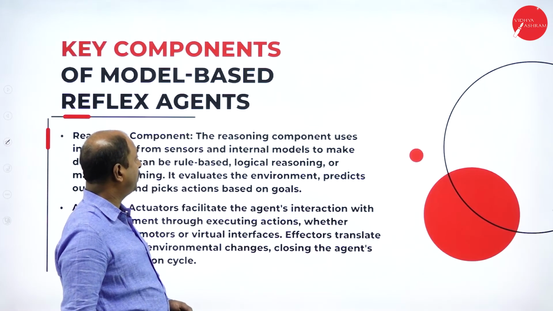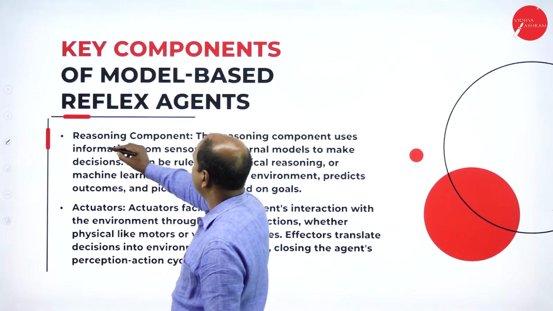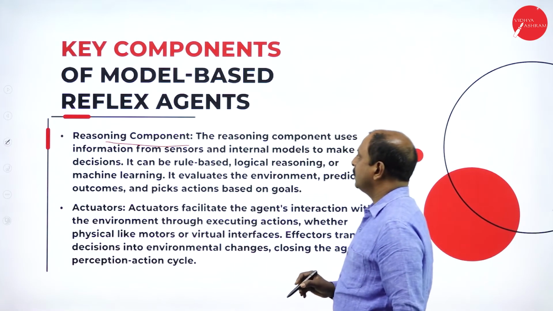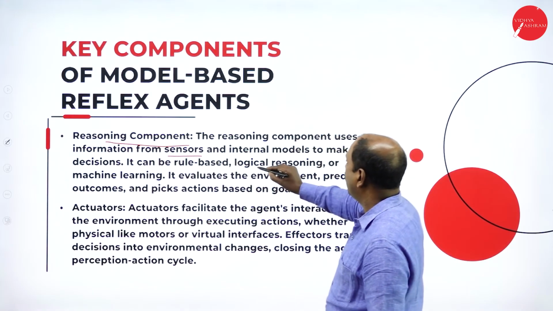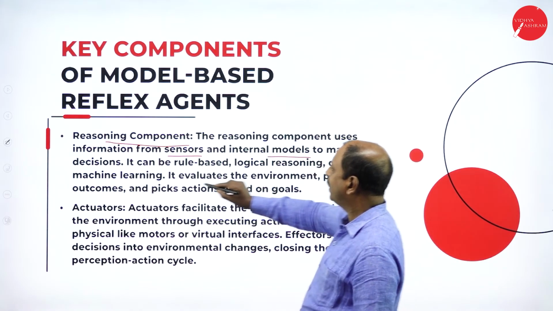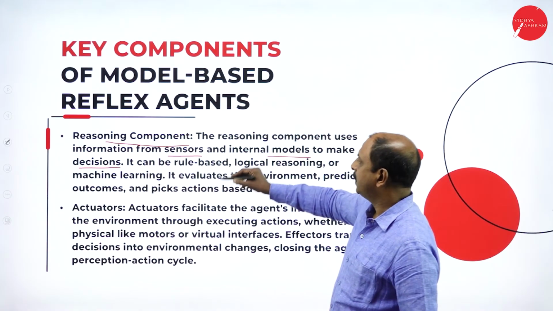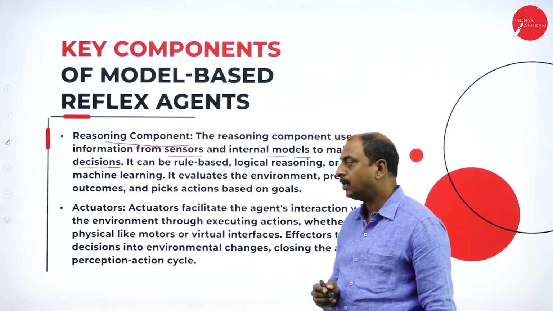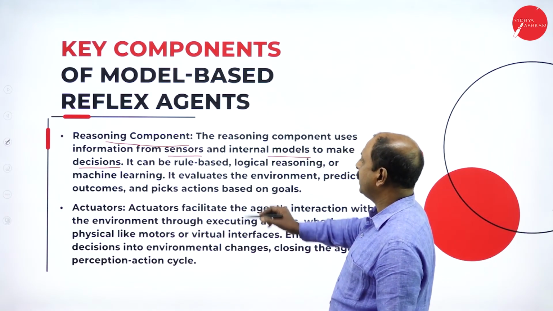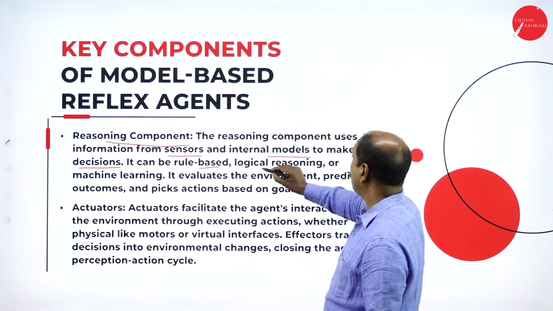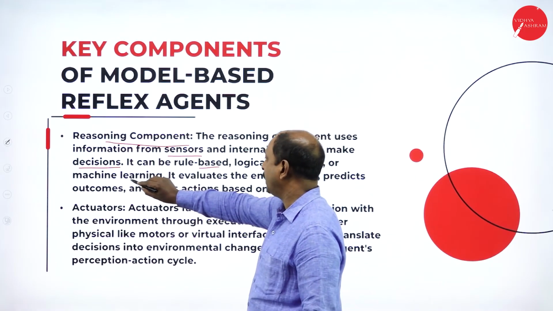That is internal model. Next one is reasoning component. The reasoning component uses information from the sensors and internal models to make decisions. So the decision is taken based on the model as well as the input from the sensor. And this can be rule-based, logical reasoning, or machine learning.